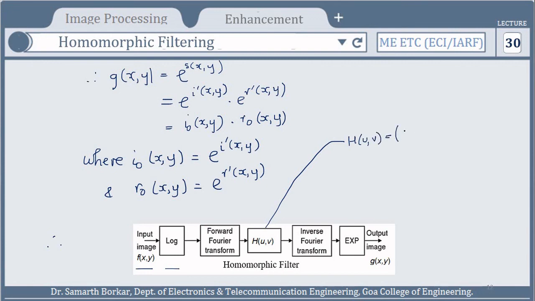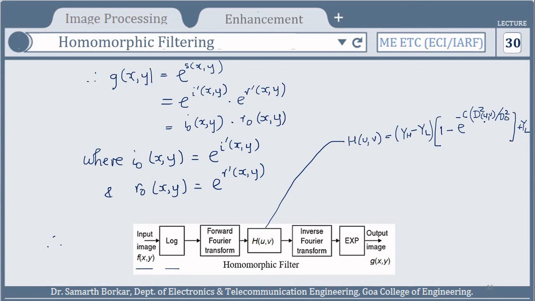It is (gamma H minus gamma L) times (1 minus e raised to minus c D square of u, v by D naught square) plus gamma L.